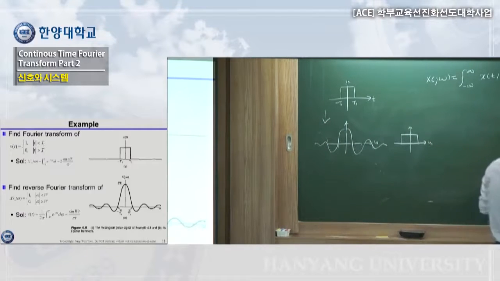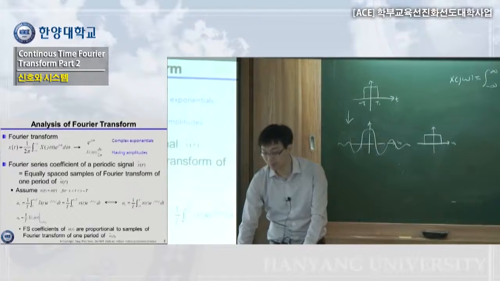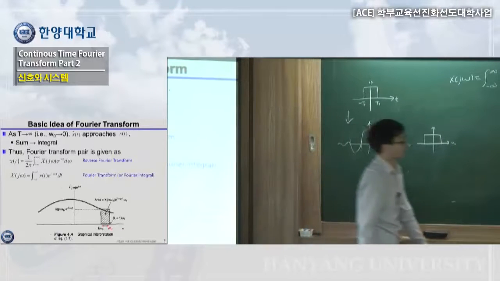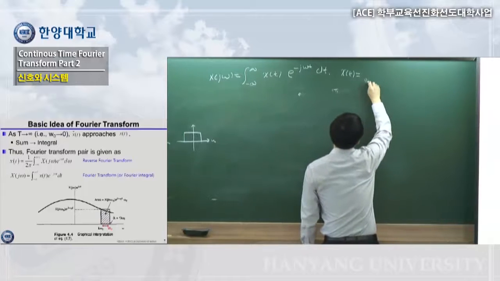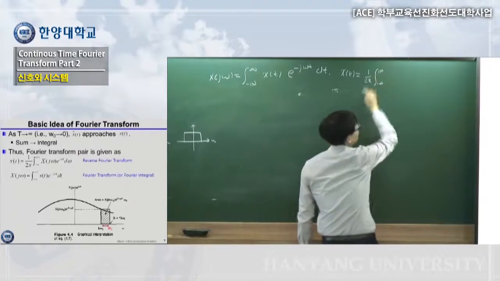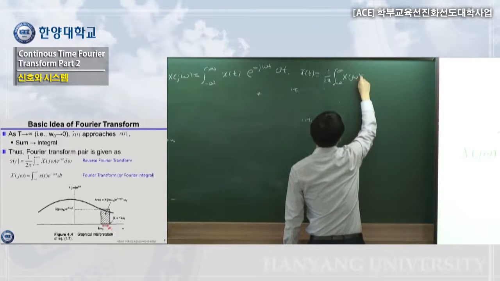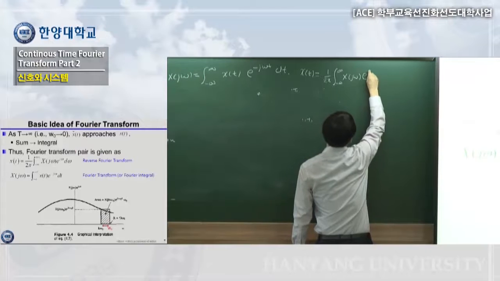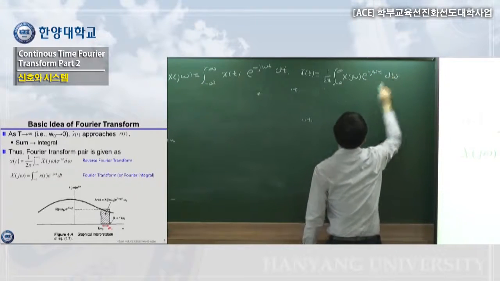We have to utilize the inverse Fourier transform. The inverse transform is given here: x(t) equals 1 over 2 pi, integral from minus infinity to infinity of X(j omega) e^(plus j omega t) d omega.